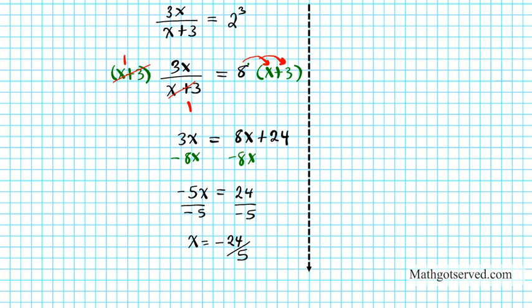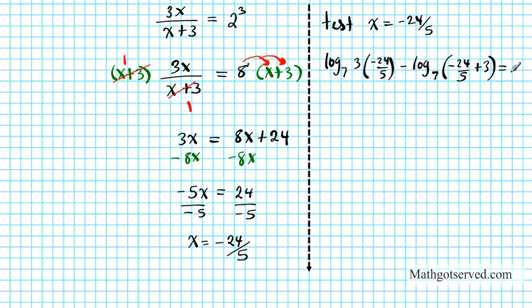Plugging it into the original question, the question is: log base 4 of 3 times negative 24 over 5, minus log base 4 of negative 24 over 5 plus 3, is it equal to 3 over 2?